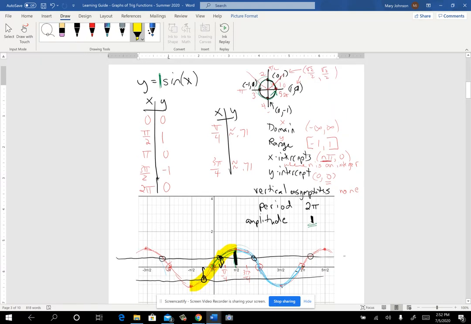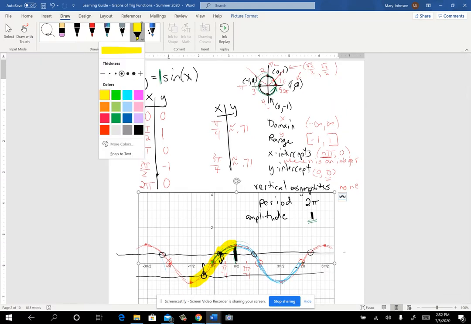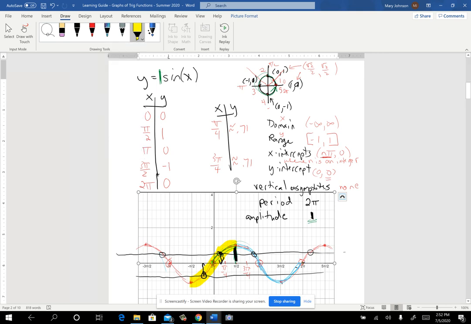So look at the region that I highlighted down here in yellow and think about where that is on the unit circle. Okay. I'm going to highlight that on the unit circle. I think it really helps to think about the unit circle when you're doing these. So if you do sine inverse of some number, that means you're plugging in something that's coming from the y side of your sine.